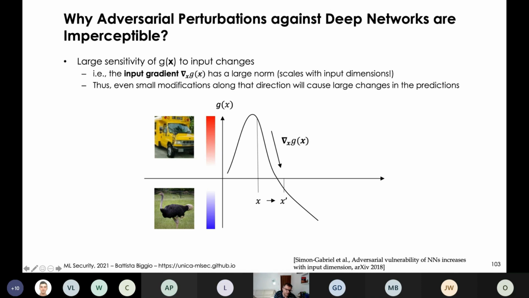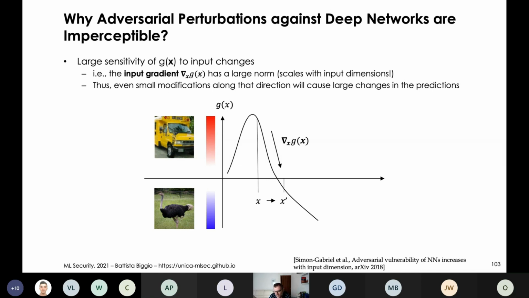And then the gradient norm scales with the input dimensions. So if you have an L2 norm, for instance, and you increase the dimensionality of the input space, this L2 norm will grow as the square root of the number of dimensions. Then this means that the vulnerability of this network basically increases when you increase the number of dimensions.